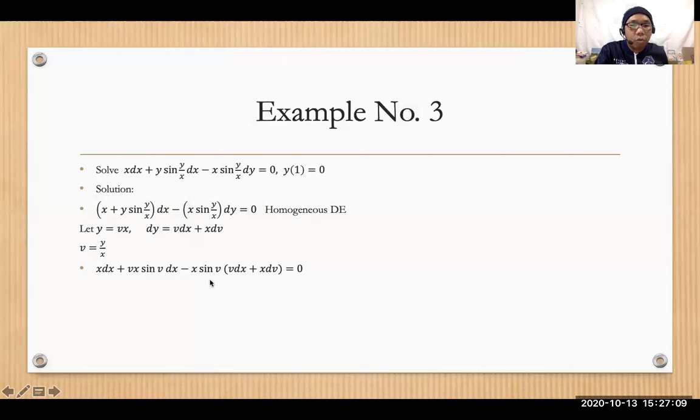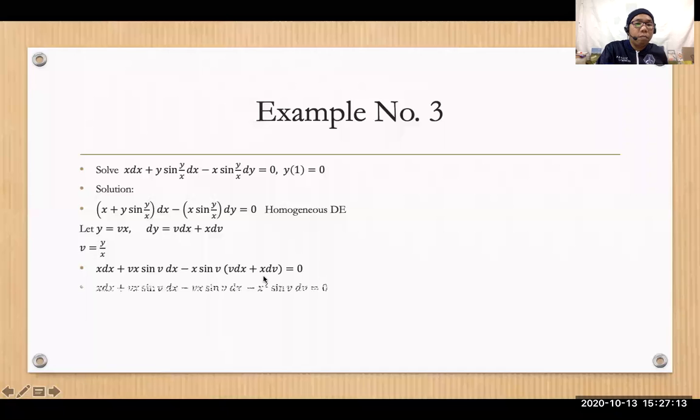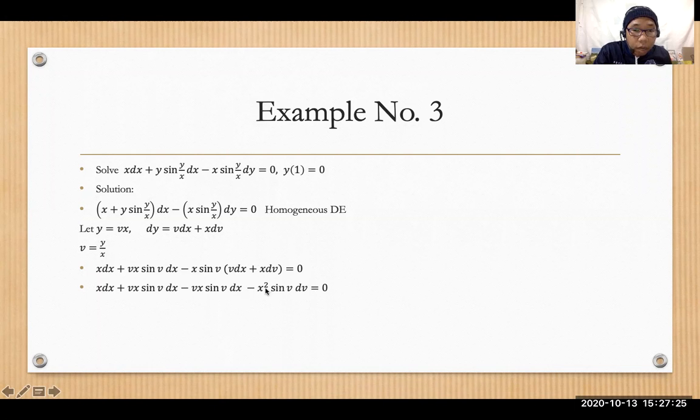Now, I will distribute this function in each term here in your second term. That's why I will have, ayan, v times x minus yung sine ha, sine v dx. And this one, negative times positive is negative. X times x, we have x squared, sine of v dv. Okay, clear na?